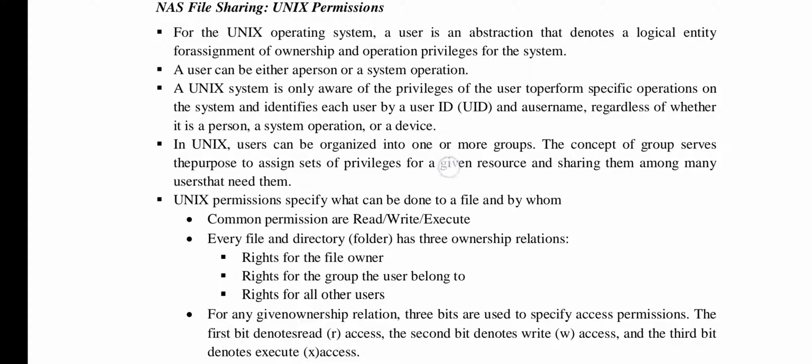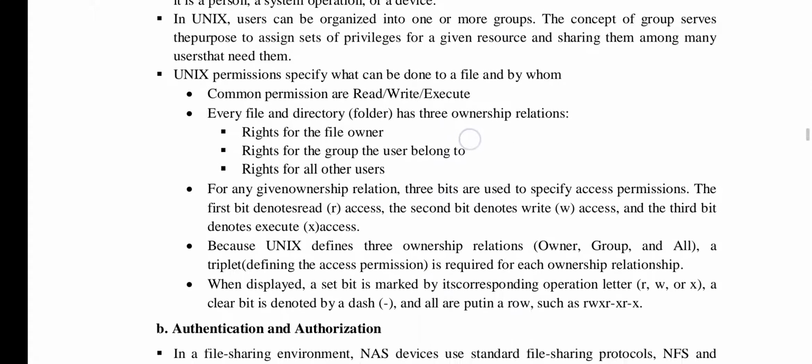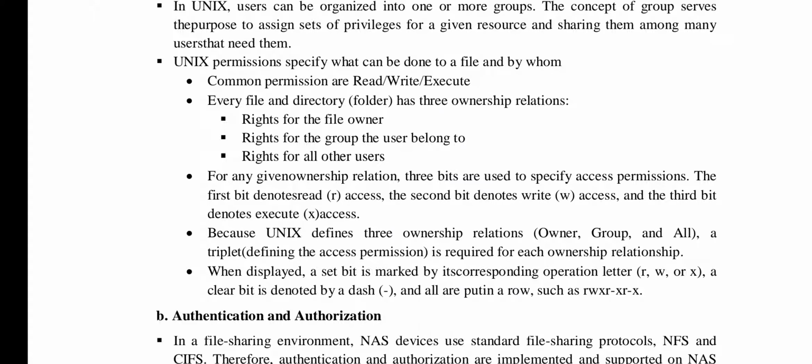A user can be in one or more groups, and mainly the Unix permissions specify what can be done to a file and by whom. The common permissions given are read, write or execute, written as R, W or X. X is the one for execute.